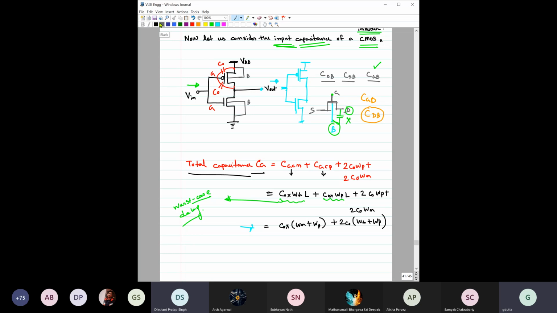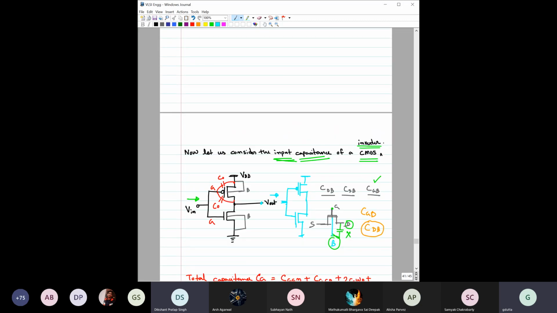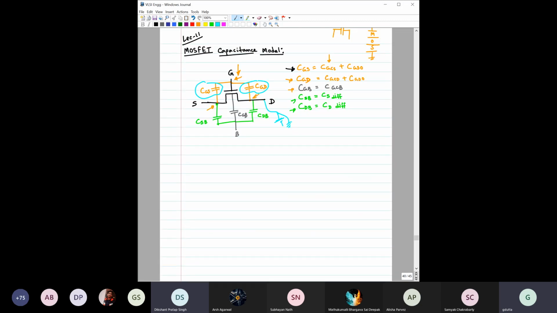Now let us see, is there any effect of this capacitance? Because we have seen there are so many capacitances associated here, right? Does that mean any of these capacitances will also contribute as an output capacitance for this inverter?